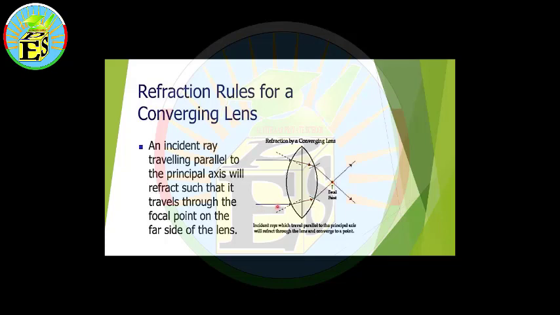And this also, like this, will refract and pass through the focal point. An incident ray which travels parallel to the principal axis will refract through the lens and converge to a point called the focal point.